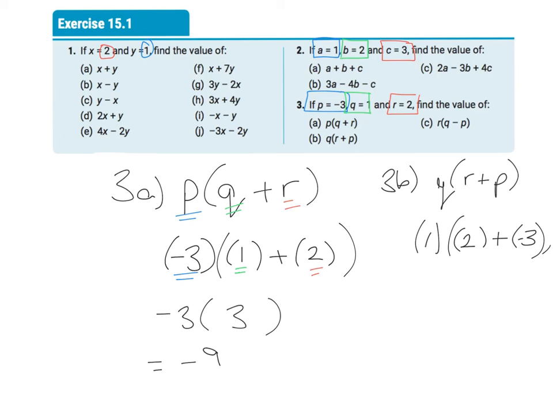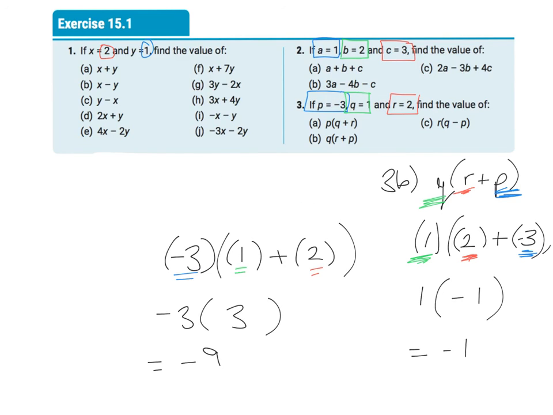So that's P. Q is out here. And R is 2. So we work inside the brackets first. We leave the 1 outside. 2 plus minus 3 is 2 minus 3, which is minus 1. 1 times minus 1 is minus 1.